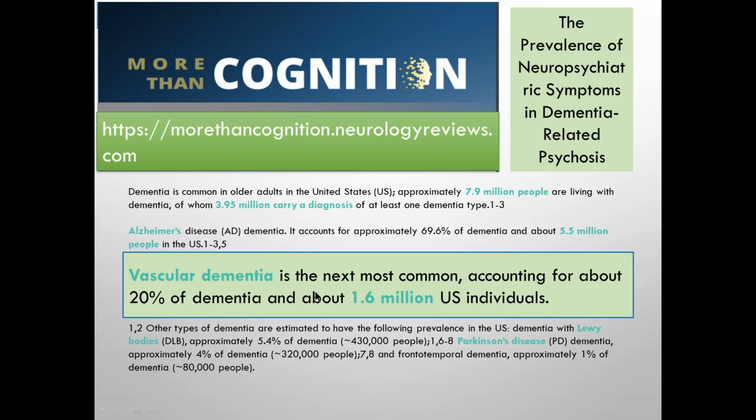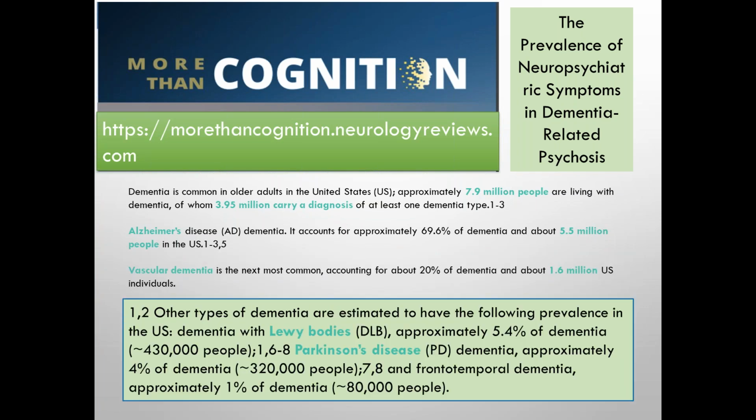Vascular dementia, 1.6 million. One person would never get to all of those people in their lifetime. So that's why we want help with these centers. And with Parkinson's also, we have a way to help you set up Parkinson's. Parkinson's dementia is really a problem.